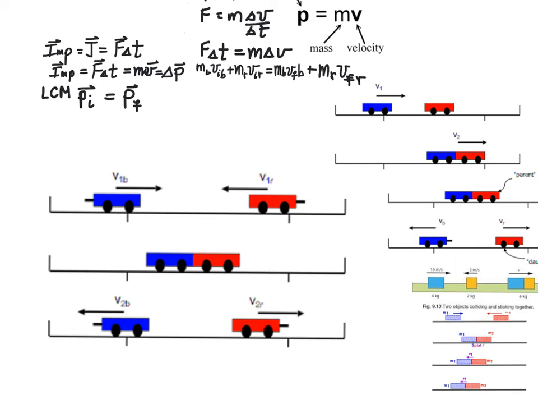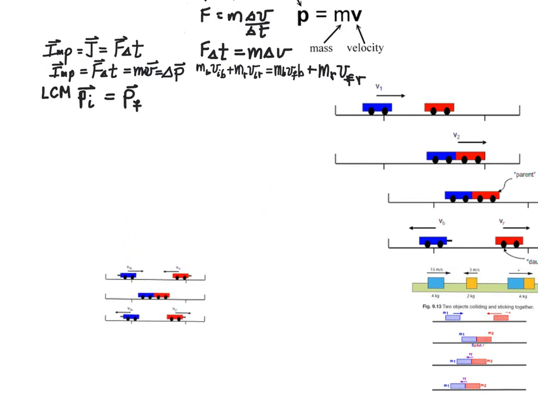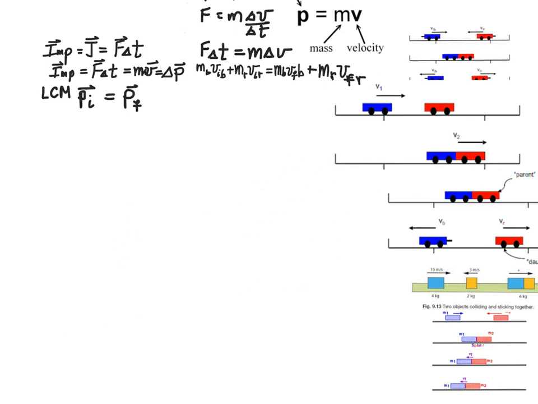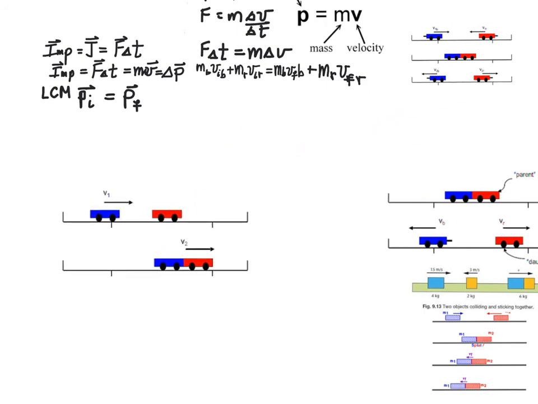And in this case, momentum is conserved and energy is conserved, and this is called an elastic collision. Elastic because there's a spring, because it bounces and no energy is lost. So that's one type, the elastic collision. And then here's the other type.